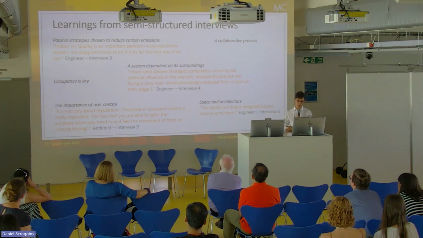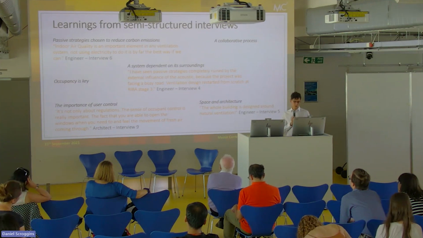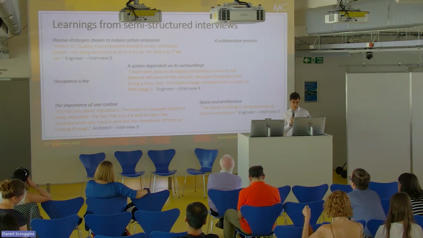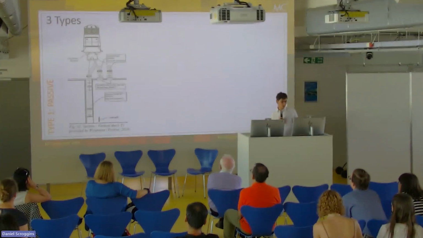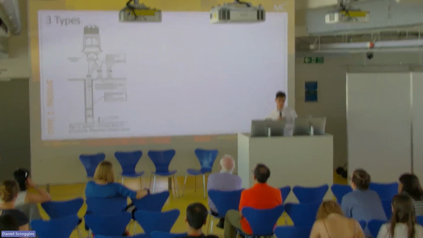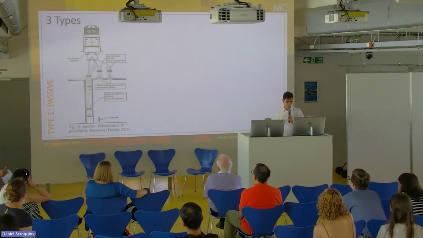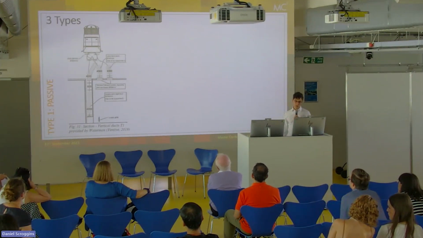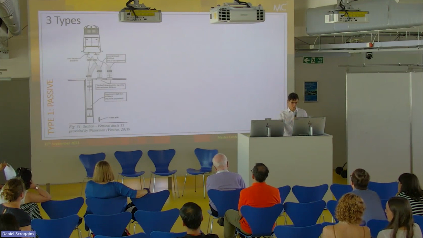We also discussed the importance of user control, the collaboration in the design team, and the physical constraints of passive strategies in the design process. The 3 types of ventilation system are analyzed in detail. The passive system is mainly wind-driven, does not require generated energy, which is good, but is very localized with a supply at low level and exhaust at high level.